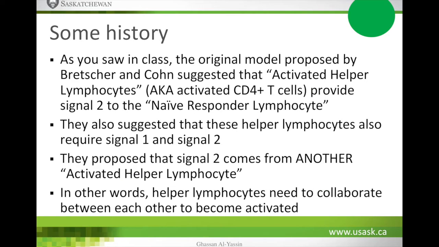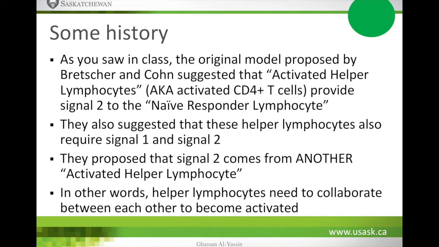In your lecture, I told you how Bretscher and Cohn proposed that the activation of a naive lymphocyte requires signal 1 and signal 2, and that signal 2 comes from an activated helper lymphocyte specific for the same antigen. They actually also made another proposal.